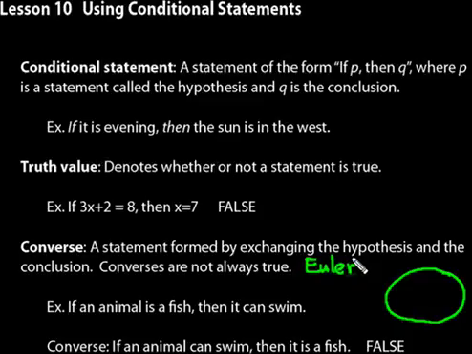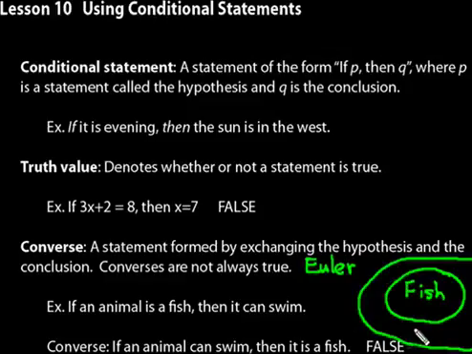So we can draw a diagram to represent that conditional statement. If an animal is a fish, then it can swim. What we can do here is have a group, and we'll call those fish. That's what those circles or ovals represent, different groups of things. Then let's draw a bigger oval around that, and we'll just call that swimmers.